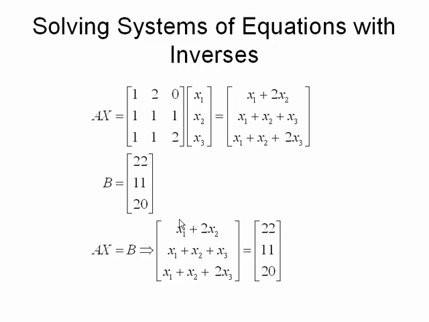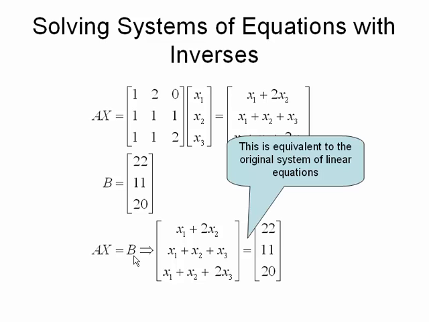That's just the system of equations that we talked about before. So the system of equations from the previous slide is exactly the same as writing the matrix equation AX equals B. So these are equivalent to the original system of linear equations.